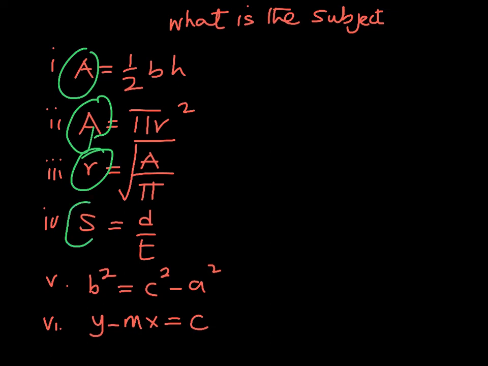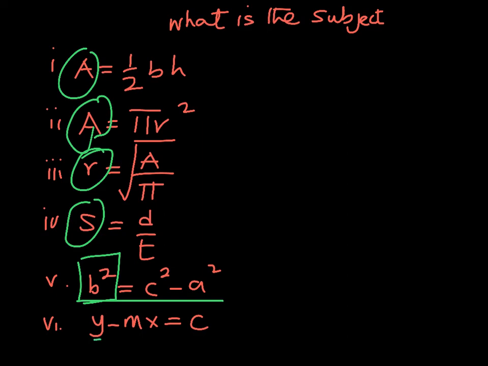The speed is the subject of the formula. And here we have reversed the Pythagoras rule to find an unknown. One of the other sides is unknown. So here b squared is now the subject of the formula because it's the only one that is lying to the left side of the equation.